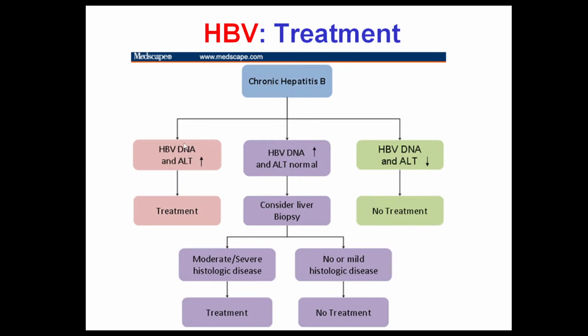Then, when the viral load is very high in the blood and there is a very high level of liver enzyme, then the treatment is supposed to be performed. So then, if the level of hepatitis B viral DNA is lower and the liver enzymes are normal, the liver biopsy should be performed.